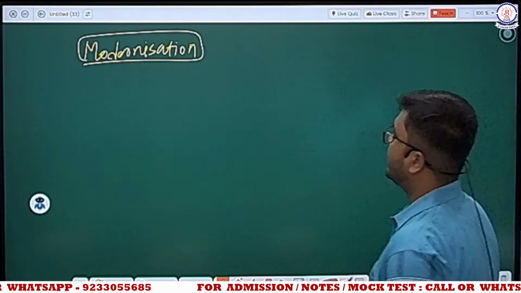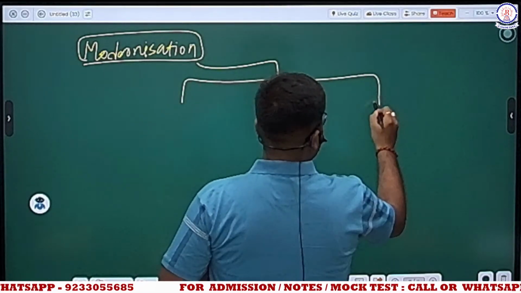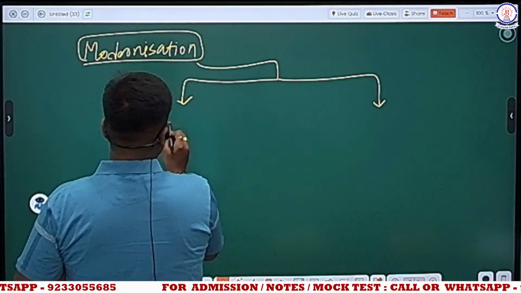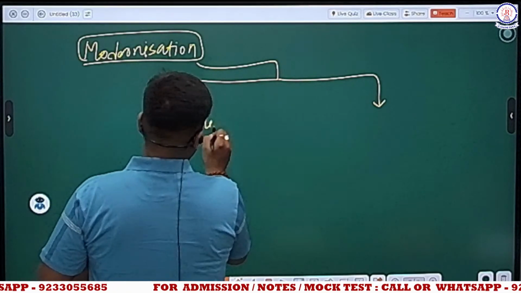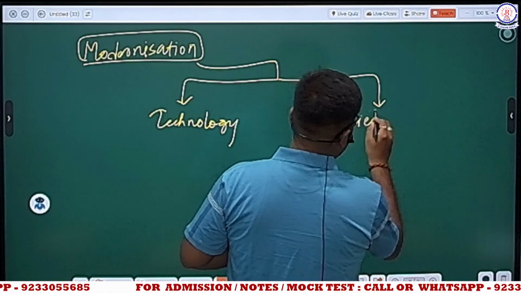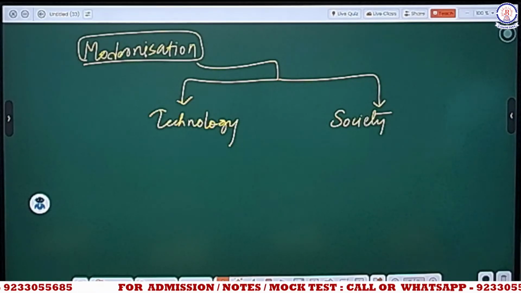That is technology. Modernization, as envisioned, was advancement in technology and advancement in society, that is, socio-economic conditions.